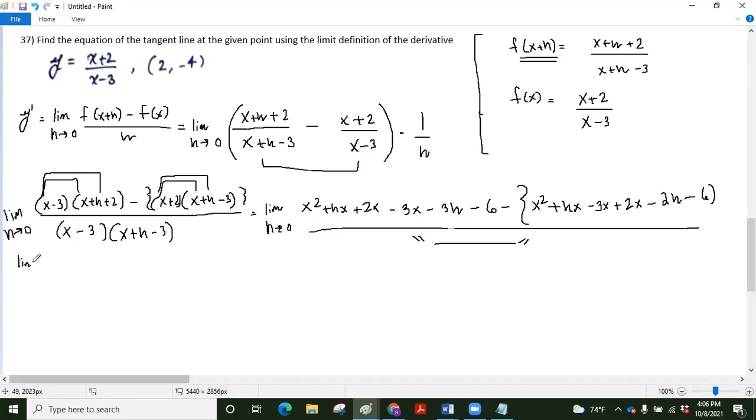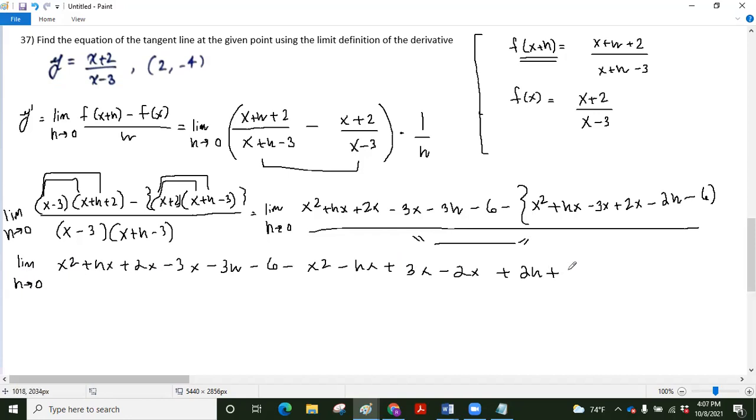So this is the limit as h approaches 0 of x squared plus hx plus 2x minus 3x minus 3h minus 6 minus x squared minus hx plus 3x minus 2x plus 2h plus 6 over everything that we had before.